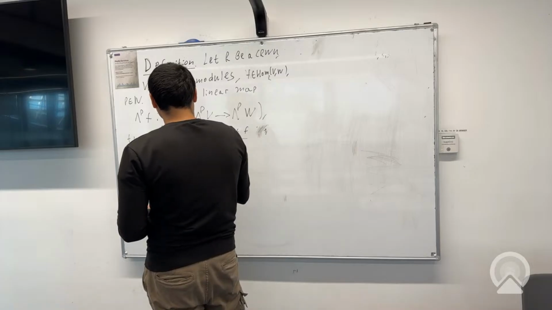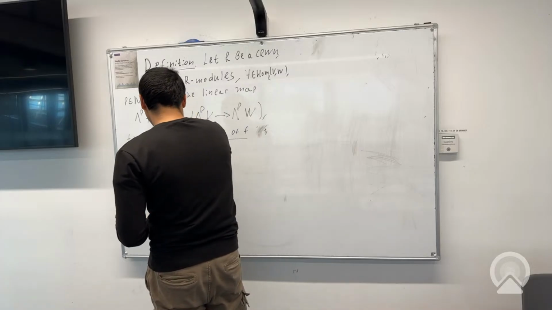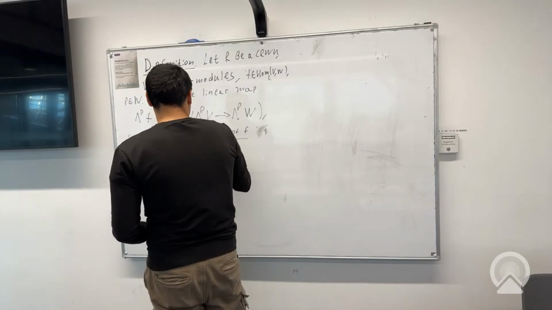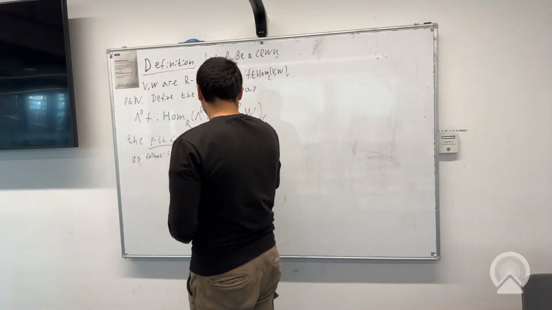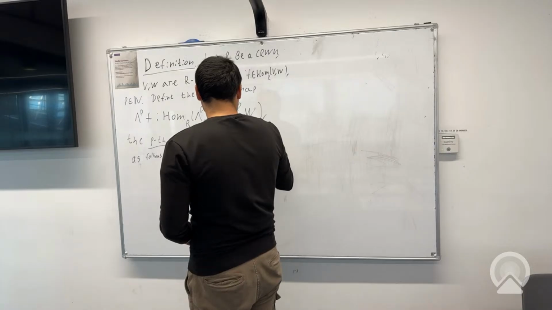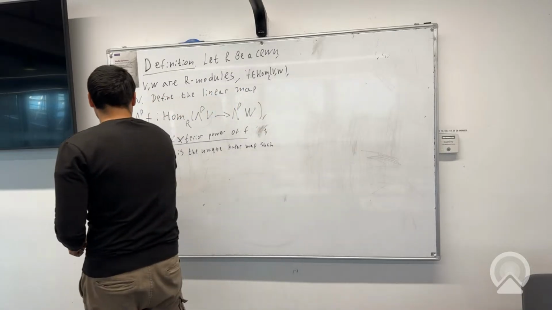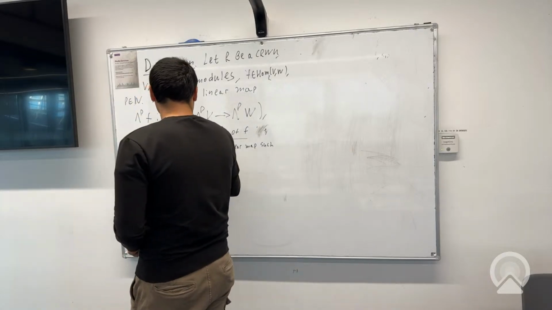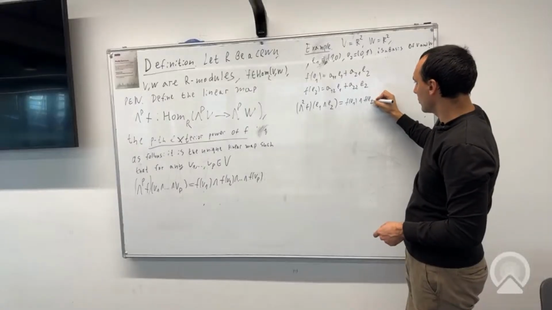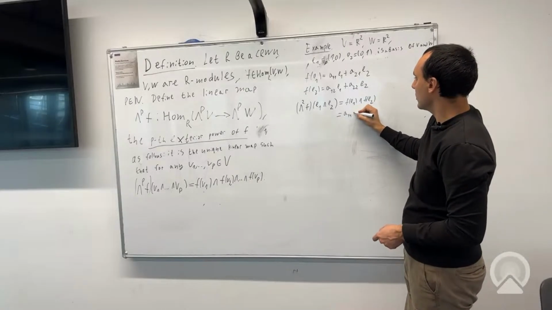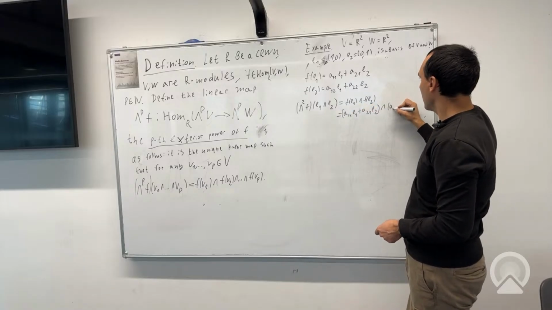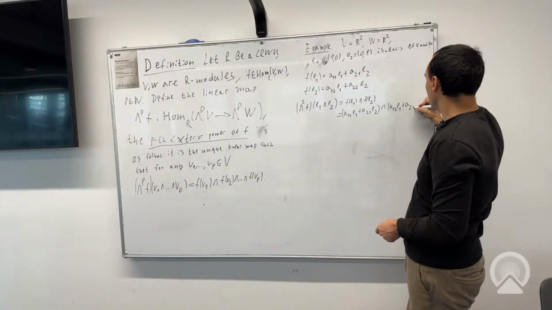Some care should be taken to prove that it is unique and well defined, but we will assume that it is the unique linear map such that for any v1 to vp in V, f of e1 wedge e2, which is a11 e1 plus a21 e2, wedge with a12 e1 plus a22 e2.